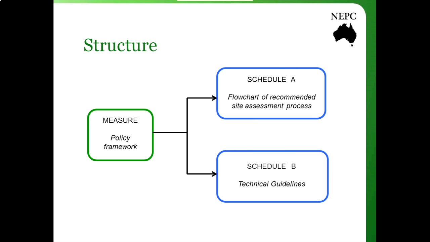Schedule A is a flowchart of the recommended site assessment process, and I'll flash that up in a little while. But it guides you through which schedules have what, etc. And then the main meat of the NEPM is Schedule B, and that's where the technical guidelines lay, and they'll be the documents that you're most familiar with, I would think.